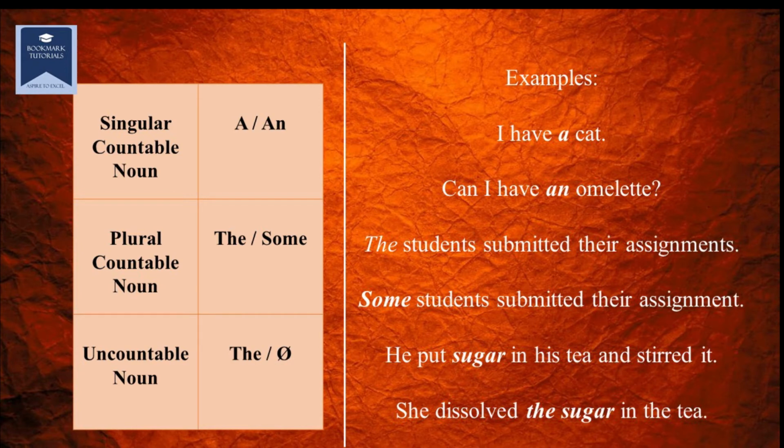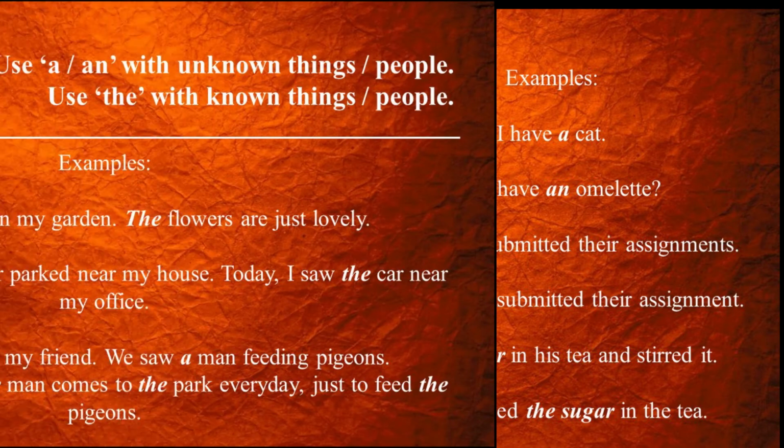In the case of uncountable nouns, we either use the or we don't use any article. For example, he put sugar in his tea and stirred it. She dissolved the sugar in the tea. We didn't use any article in the first sentence. But why did we use the in the second sentence? Let's find out.